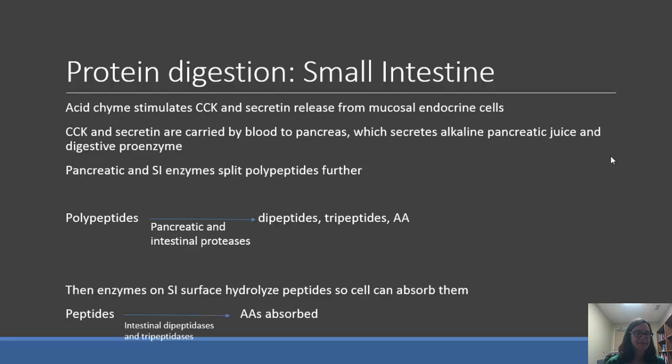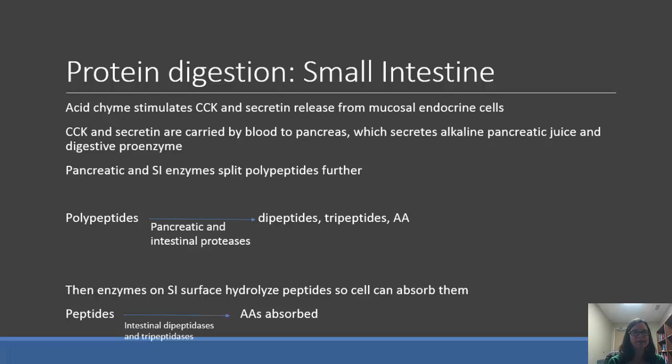So these enzymes that we get from the pancreas that go into the small intestine, and the enzymes from the small intestine itself, help to split the polypeptides further. So we have these polypeptides, we have our proteases from our pancreas and small intestine, and then these are broken down into dipeptides, tripeptides, and free amino acids.